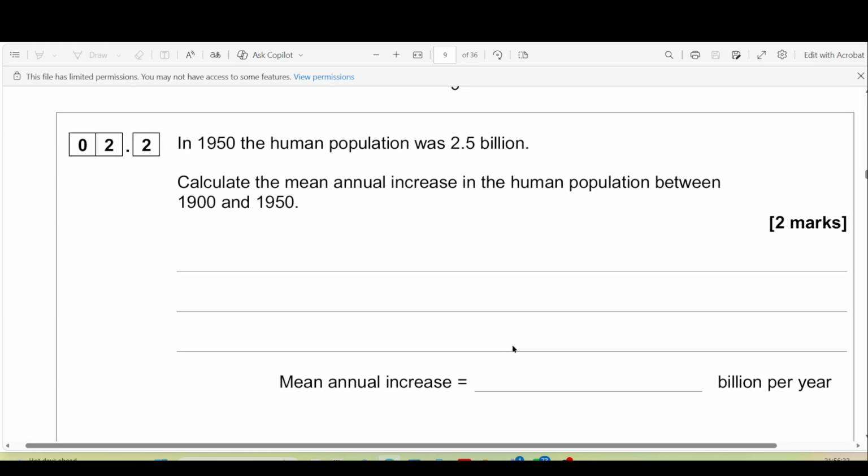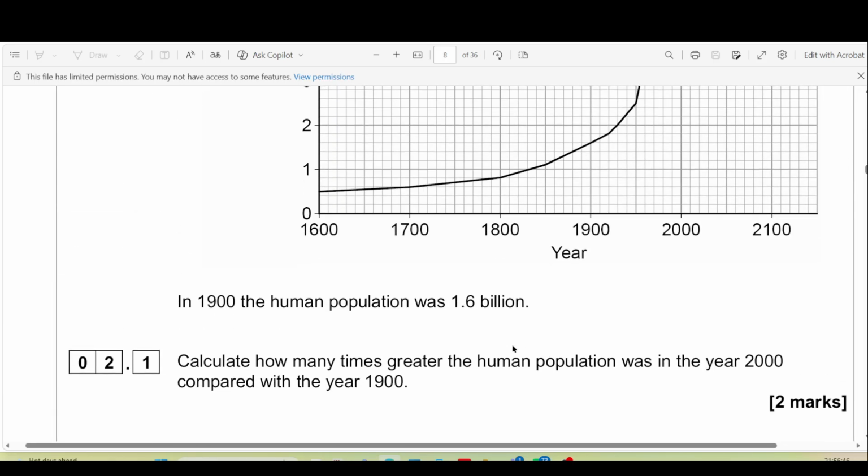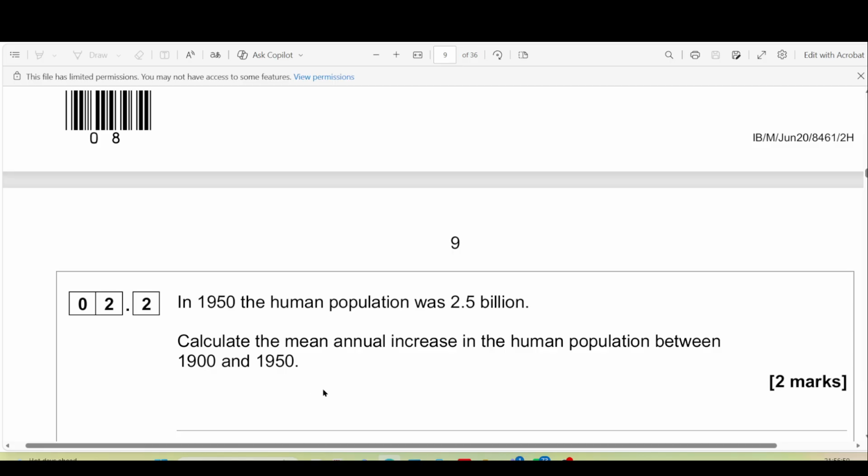In 1950, the human population was 2.5 billion. Calculate the mean annual increase in the human population between 1900 and 1950. So from 1900 it was 1.6 billion, which is given, and then it went to 2.5 billion.